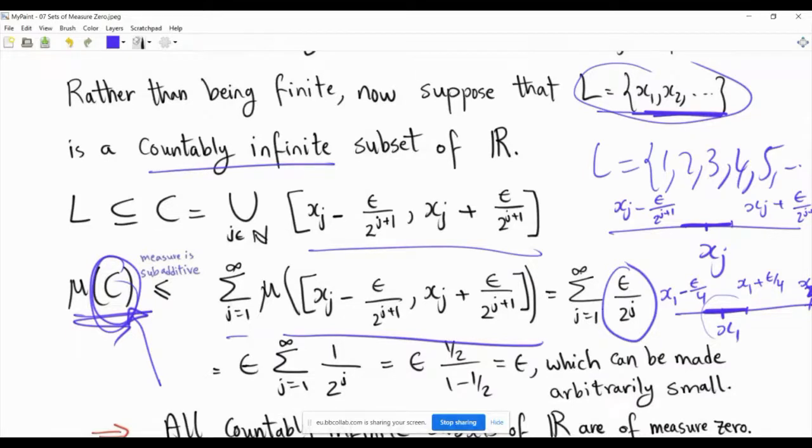Now, you have a geometric series, and it is a converging geometric series because its ratio is 1/2, which is strictly less than 1.